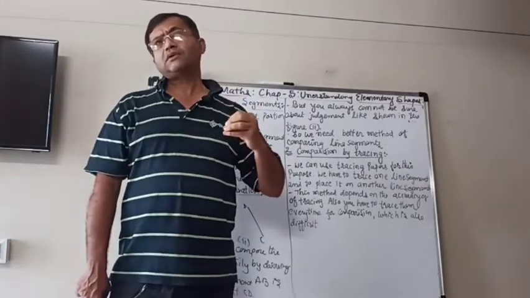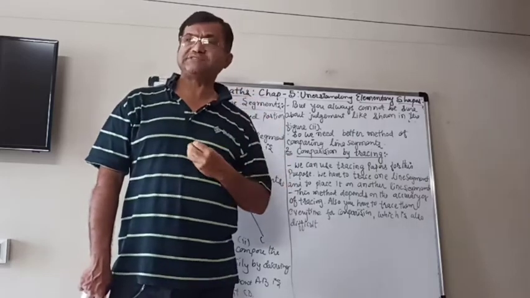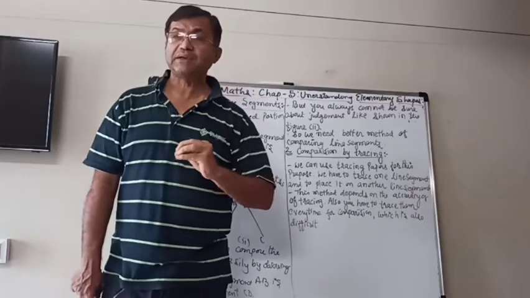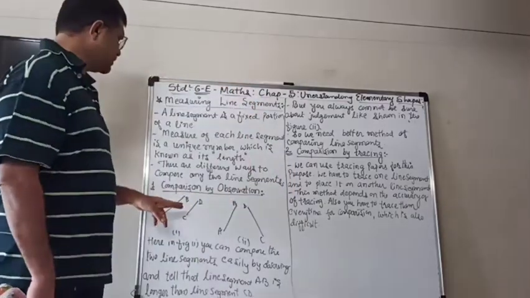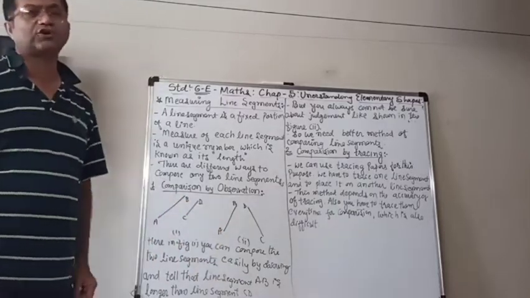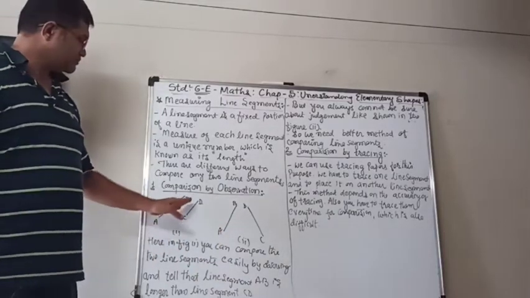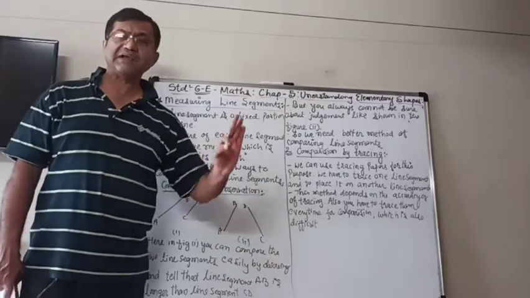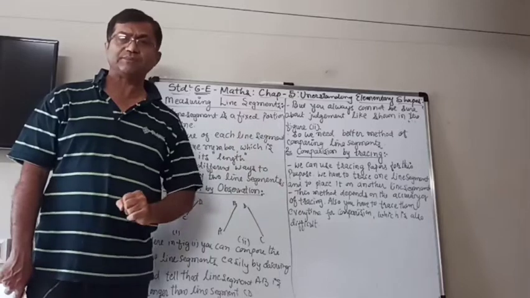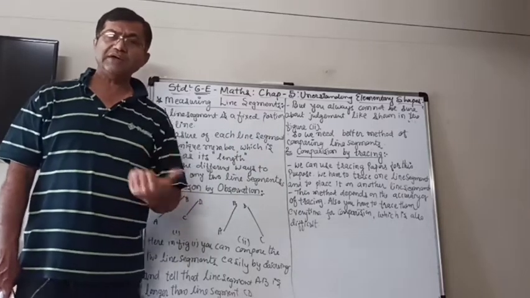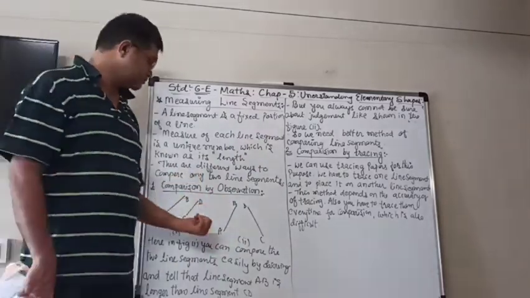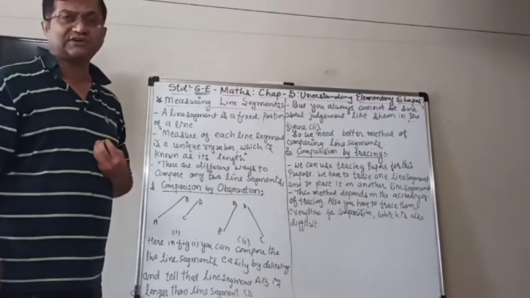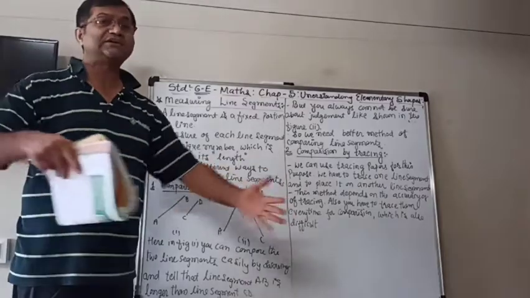Now, if you compare by observation, what difficulties can there be? Look here. Two figures are drawn. In figure 1, there are line segment AB and line segment CD, and in figure 2 also there are line segment AB and line segment CD. In figure 1, you can easily compare them only by observation because there is a big difference in the length.